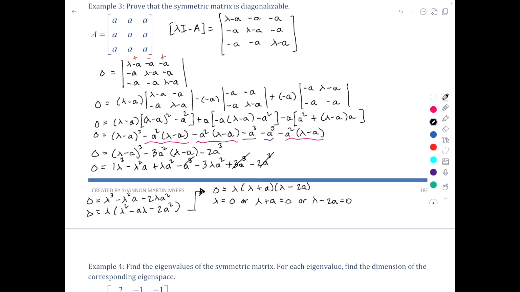And so this would be lambda is negative A for the second, or lambda is 2A, and that gives us our 3 distinct eigenvalues. Cool, cool? So we have shown it.